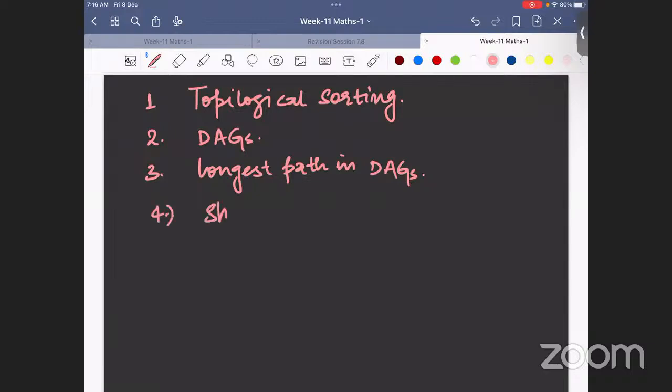And then there is the shortest path, or you can think of the transitive closure also.